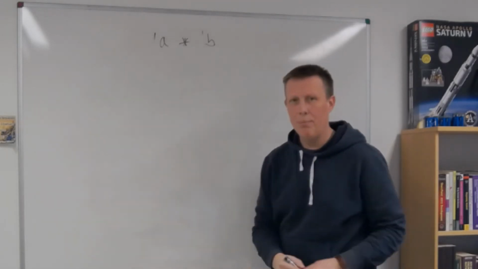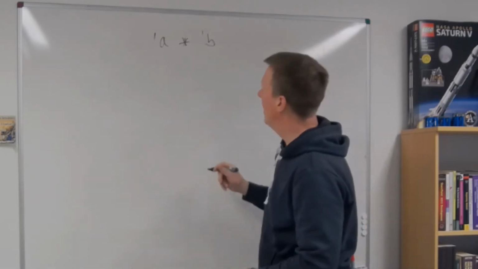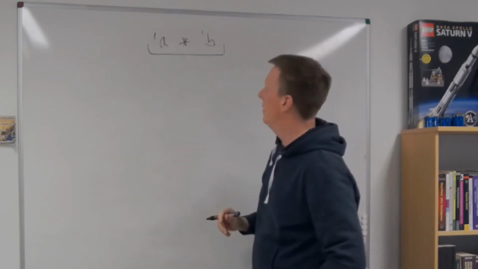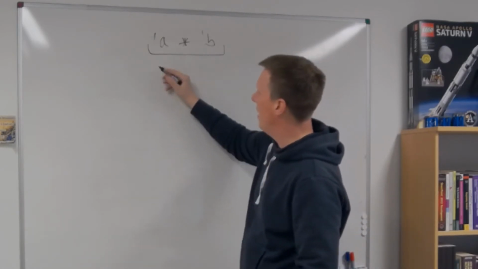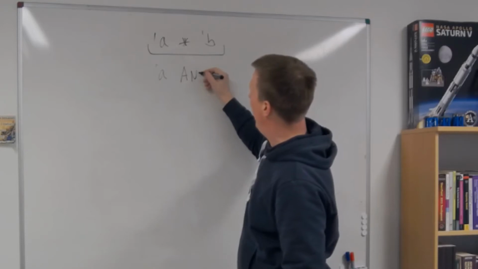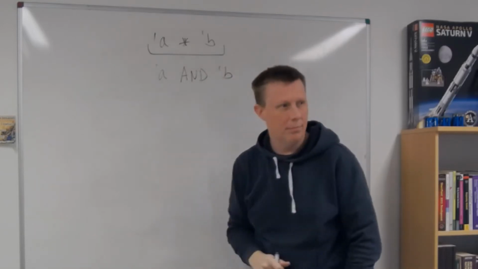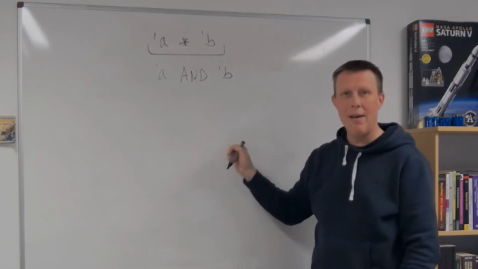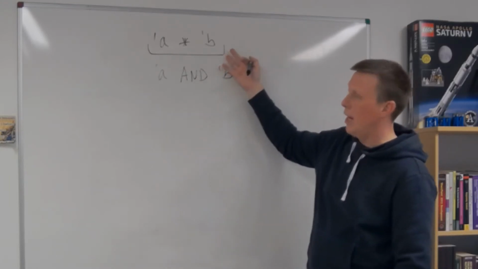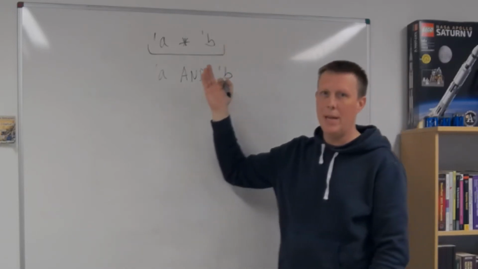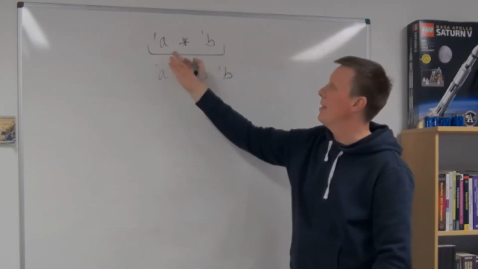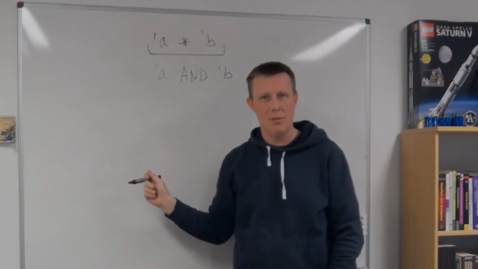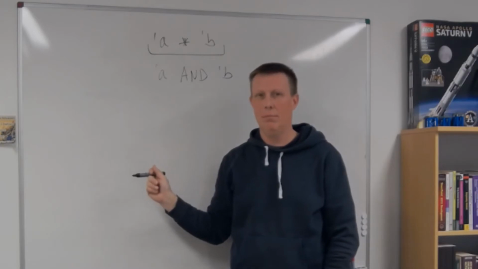So what is a property of a product? Well, if we would spell this out in plain English, it would say A and B. And as I said in the previous lecture, when we have a tuple or a record type, which is essentially just a tuple with named members, when we have this type of structure, this product type, we have to give all the members, each and every one.